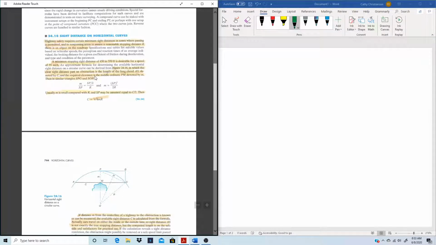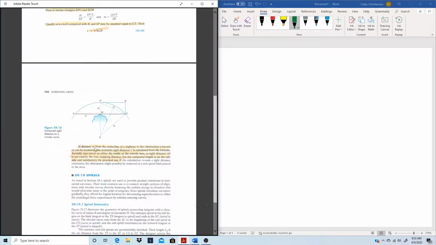They set it up, did the calculus and the math, and reduced it down to C, the stopping distance from A to S, equals the square root of 8 times M times R. M is typically something you can measure, the distance from the center line of the highway.